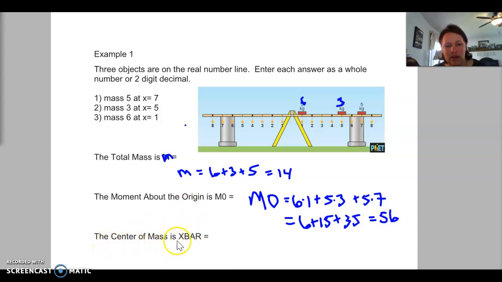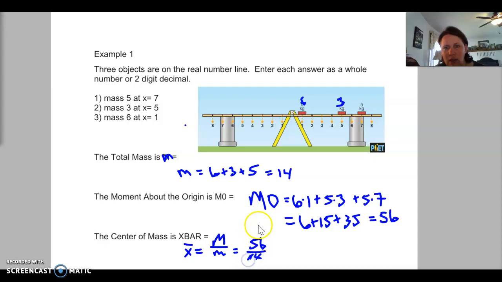So then the center of mass, which is our x bar, is going to be, x bar is equal to the moment over the mass. So that's going to be 56 over 14.